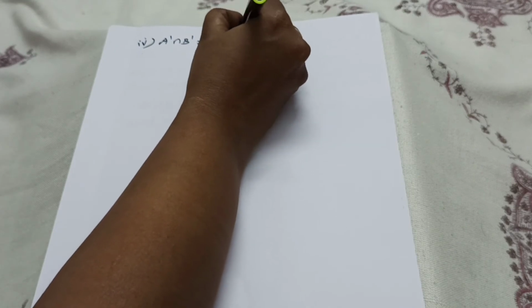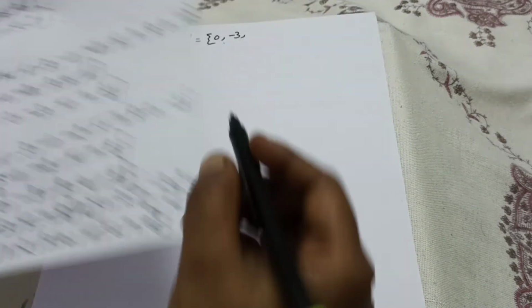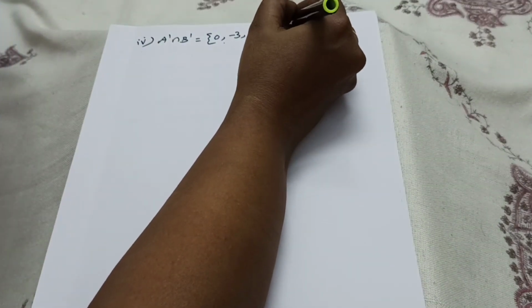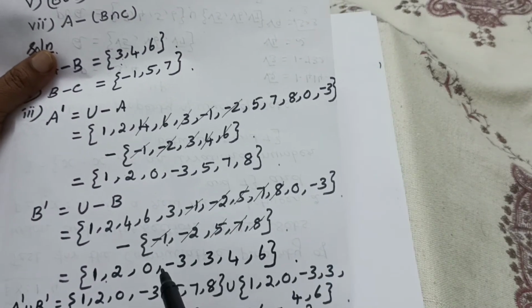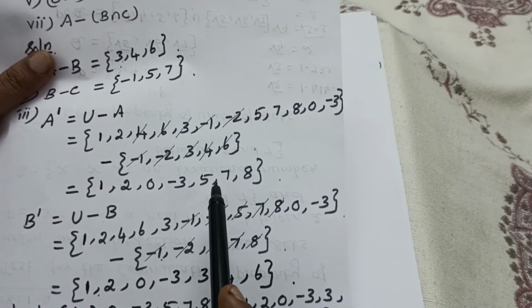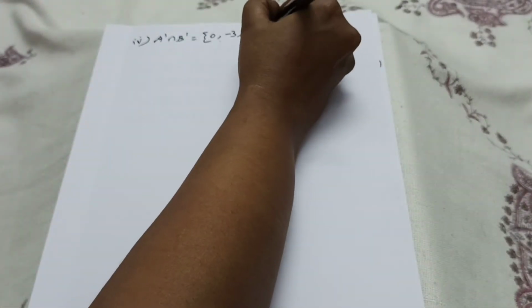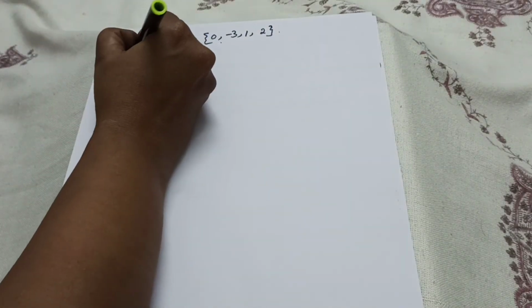Okay, 0, minus 3, then 1 and 2 is common. Remaining any numbers? No. Okay, these are the common elements.